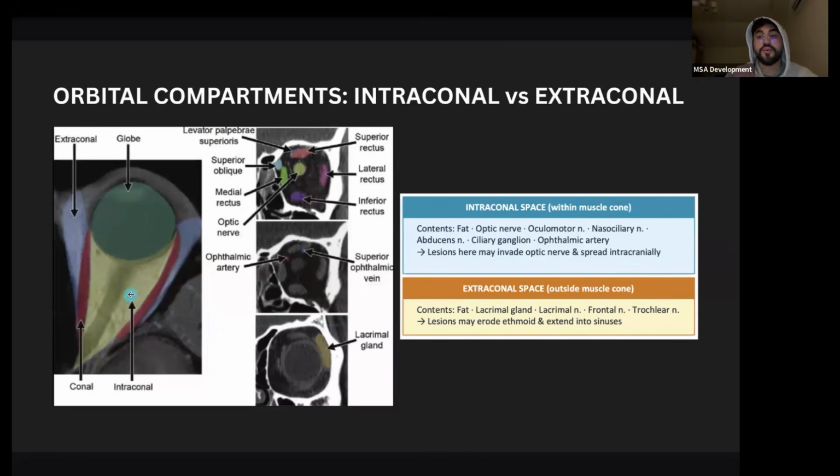Here you'll find your oculomotor nerve, your optic nerve, your nasociliary nerve, abducent nerve, ophthalmic artery, okay? Basically, all the contents of the orbit. Right? If you go back and review the contents of the orbit, most of them are going to be here. Okay. Extraconal, you're going to have your lacrimal gland, the lacrimal nerve, frontal nerve, and trochlear nerve, okay? All right. So it's very important that you know the contents of intra and extraconal spaces.